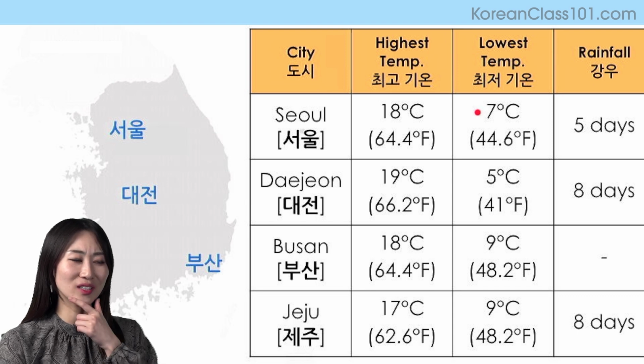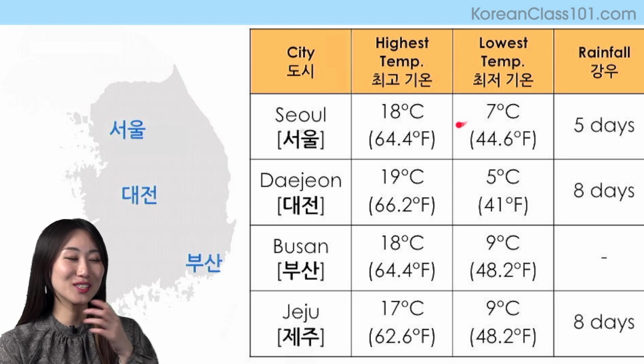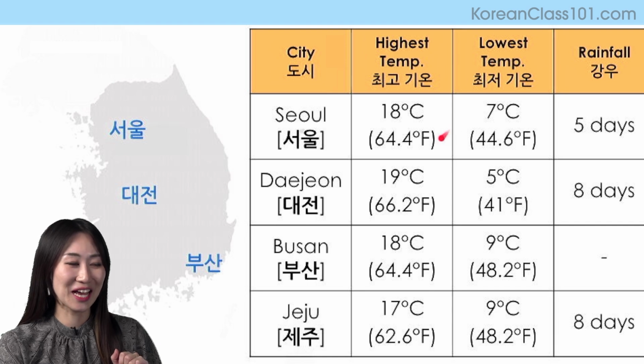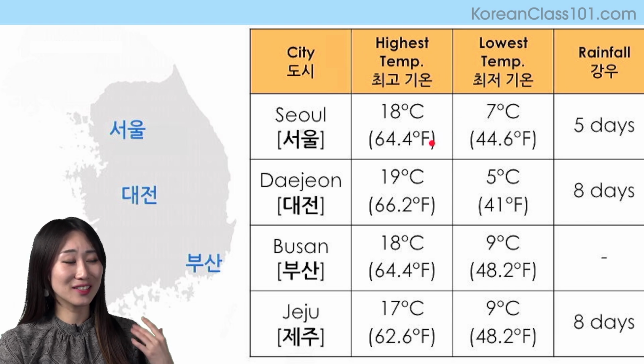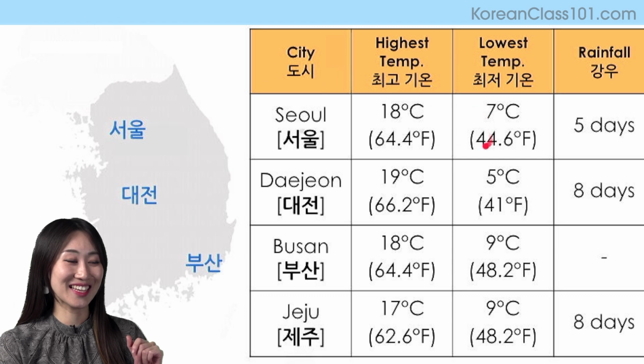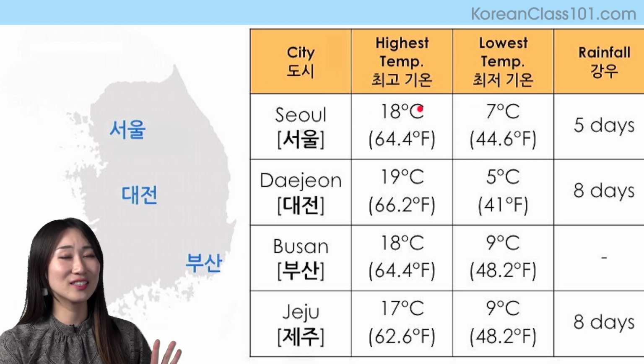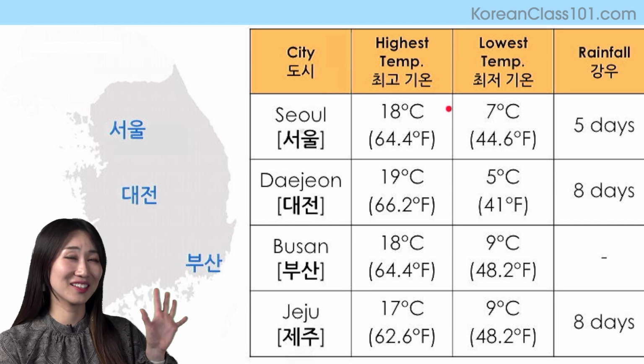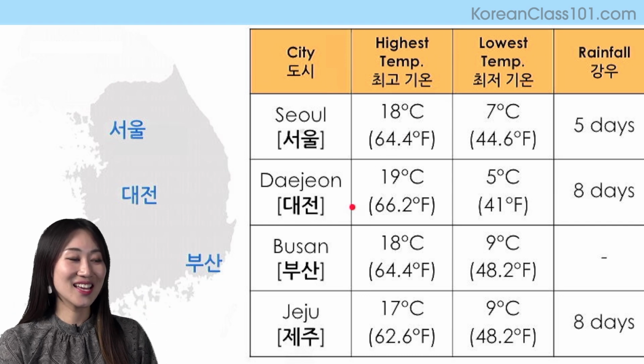But actually, this is just from the statistics, but in my experience, it's higher than this these days. I guess it's because of global warming, but anyway, it's around like this. And second, do you know Daejeon?